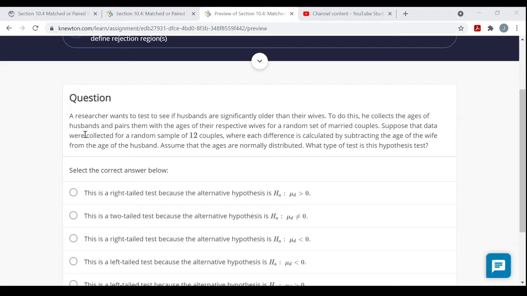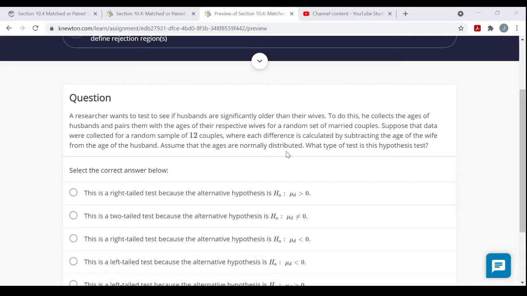Suppose that the data were collected from a random sample of 12 couples, where each difference is calculated by subtracting the age of the wife from the age of the husband. Assume that the ages are normally distributed.